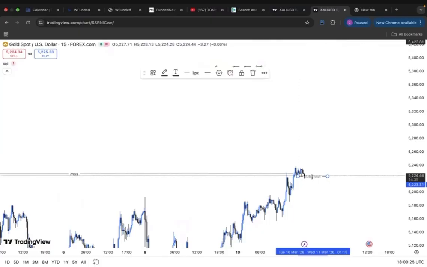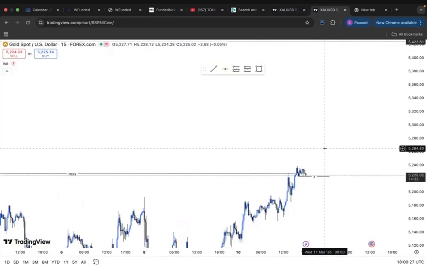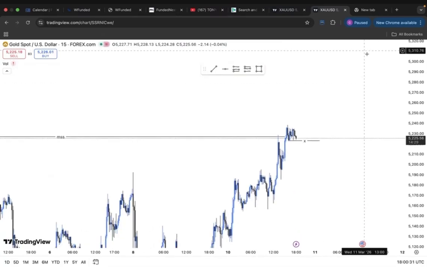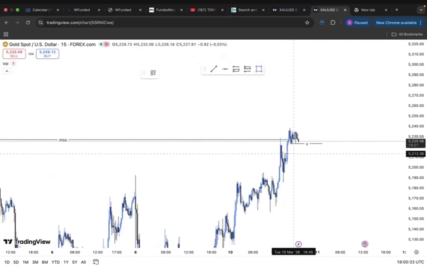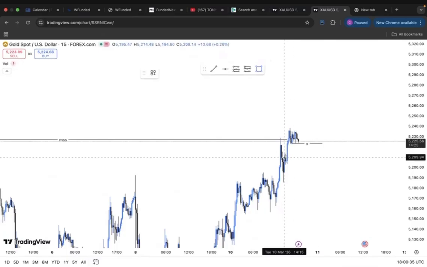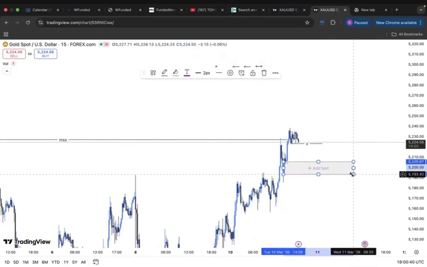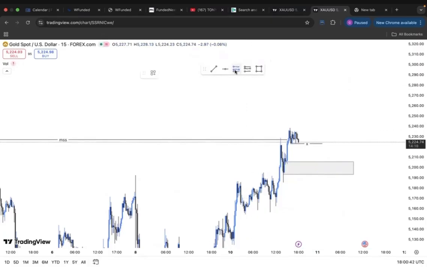Inducement is still forming though. Liquidity is not yet complete, it's still forming. So we have liquidity, which is inducement at that particular level. Then probably market might come to this particular POI and start to buy.